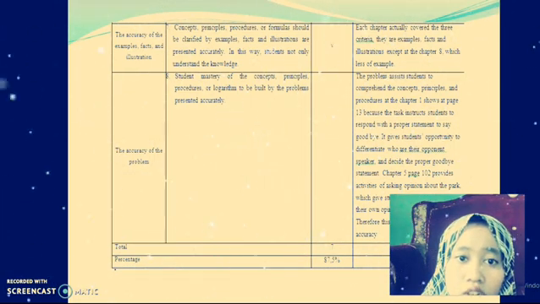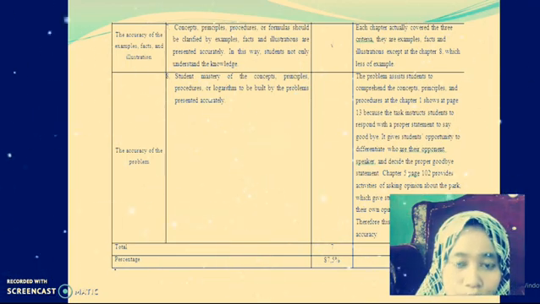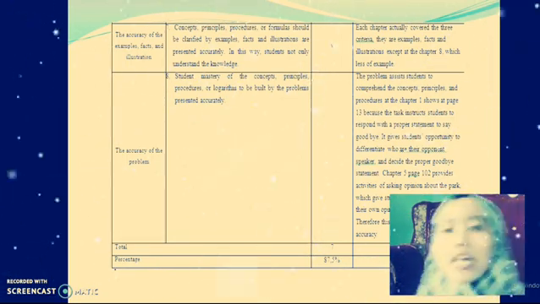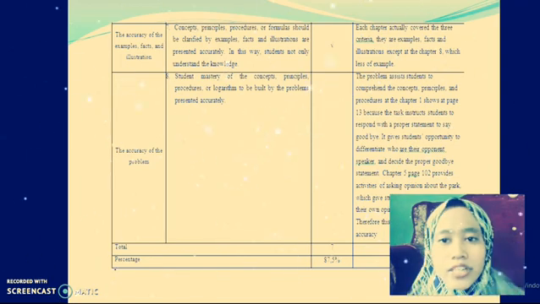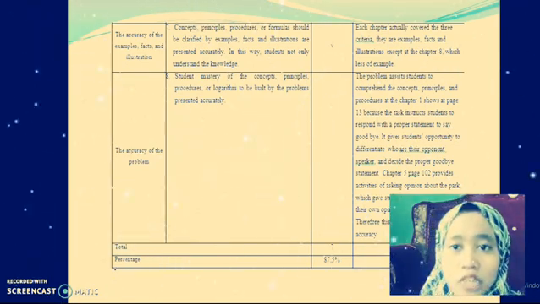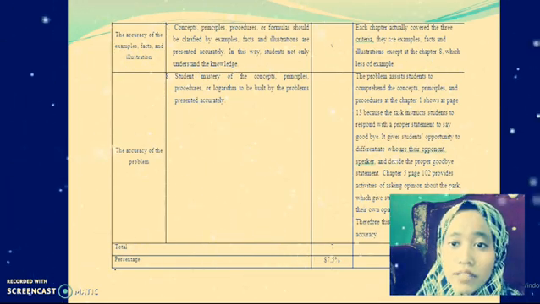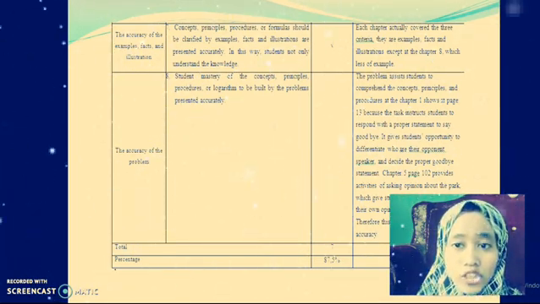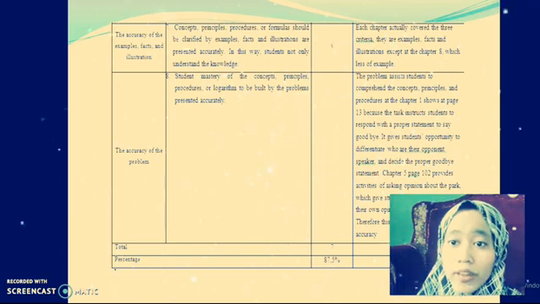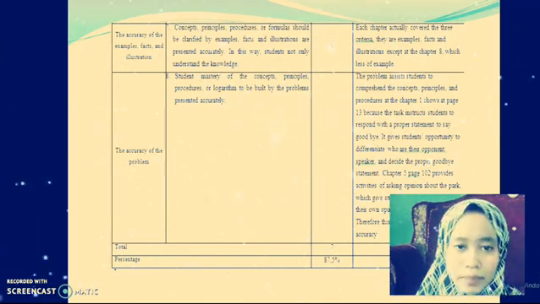In this way, students not only understand the knowledge. The indicator is fulfilled by seeing that each chapter actually covers the three criteria. They are examples, facts, and illustrations, except chapter 8, which is lacking in examples.